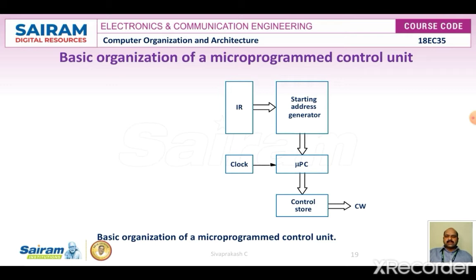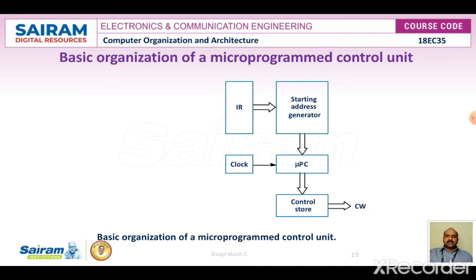The control word, CW, is a word whose individual bits represent the various control signals, and each of the control steps in the control sequence of an instruction defines a unique combination of ones and zeros in this control word. This is how it gets processed.